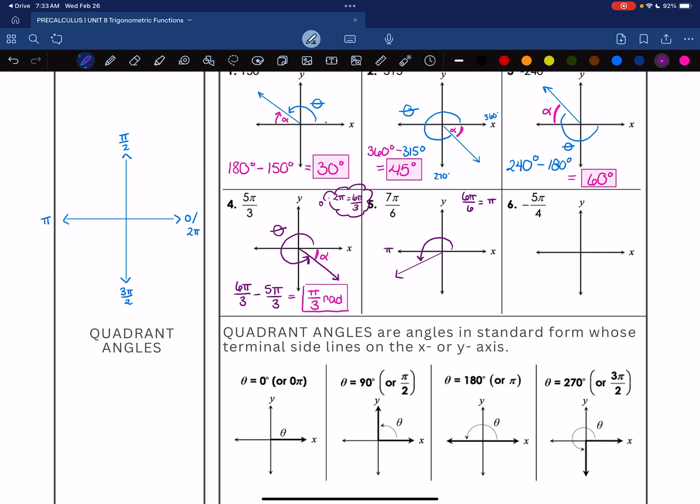This is pi radians, so we've gone a little bit more beyond that. How much more have we gone? Well, take 7 pi over 6 and take away 6 pi over 6, which is just that half of a revolution. And that gives us our reference angle, pi over 6 radians.